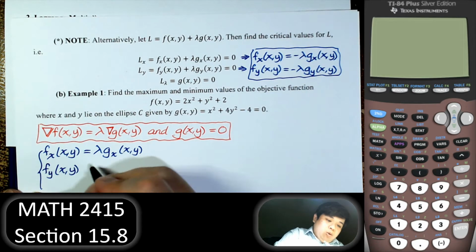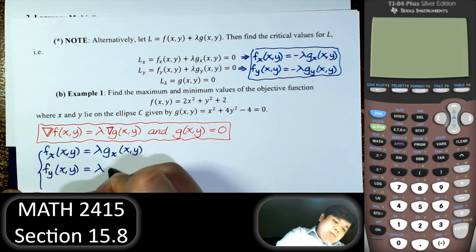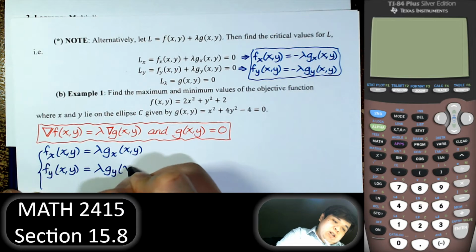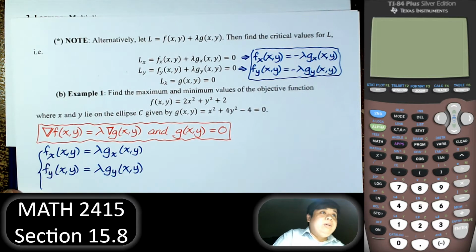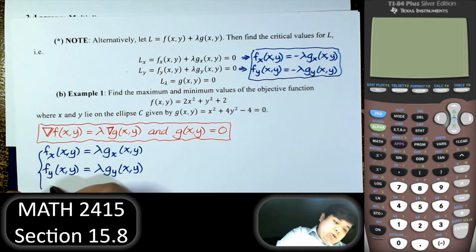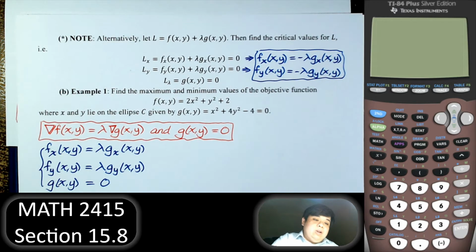So we take the partial derivatives and match them with the constraint itself. Those are equivalent to this system.